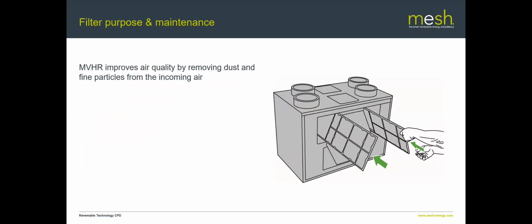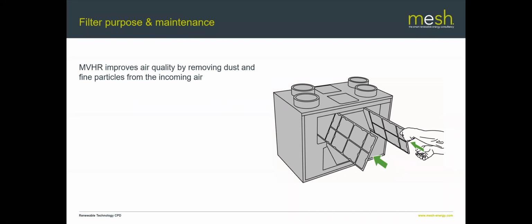So the next part is around filters. Now this is probably less of a design consideration from the architect's point of view, but one probably worth considering, because it's all about the air quality that's provided by an MVHR system versus a natural ventilation system.